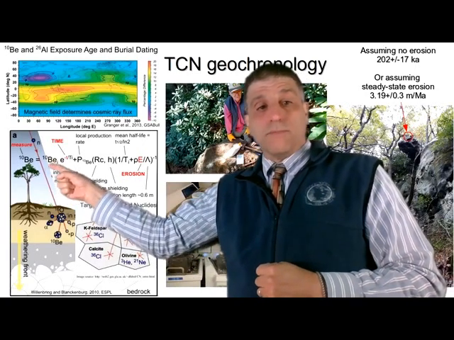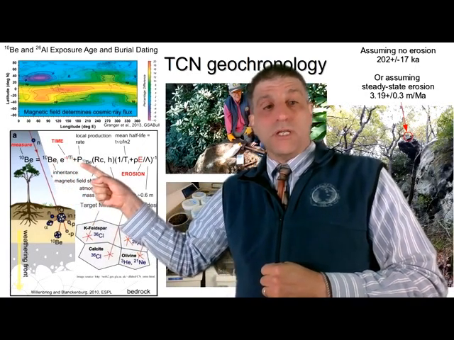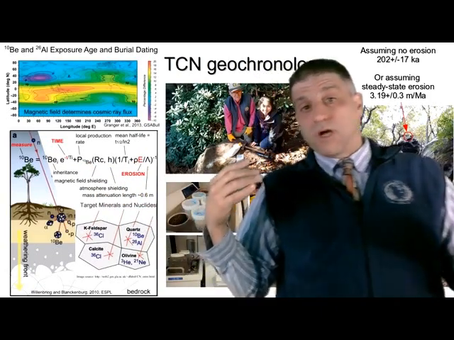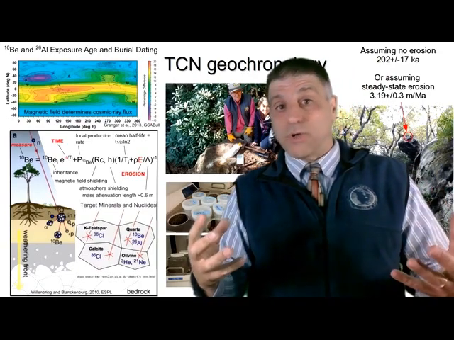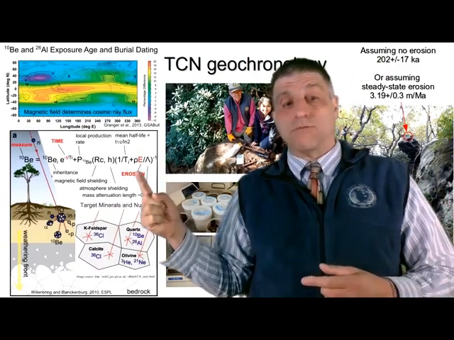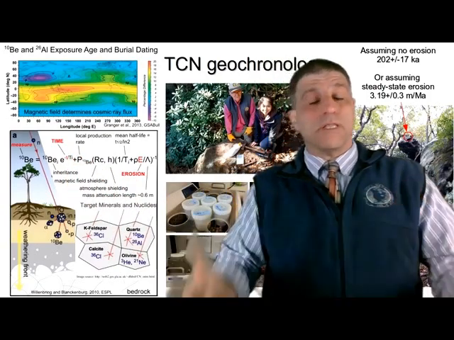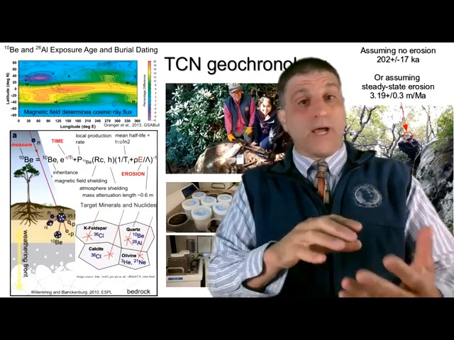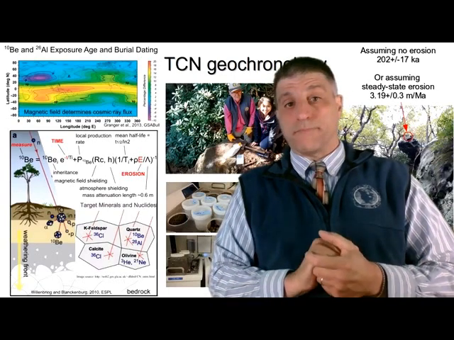There's what you measure, there's time, there's the production, and there's erosion. And the two unknowns in this equation that you just can't know independently are the erosion rate, and the amount of time that the beryllium is being produced by these cosmic rays hitting the quartz. Those are the two unknowns.